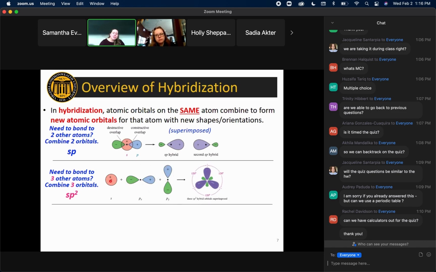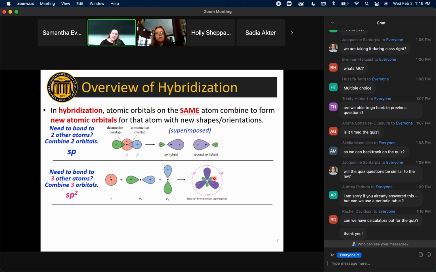And you can see when we combine these 3 orbitals together, if you kind of mix them all up and get a weighted average of their areas of combining in positive and negative ways, this is what you get. You get 3 hybrid orbitals. They're all sp2 hybrid orbitals, and they point out 120 degrees from each other.